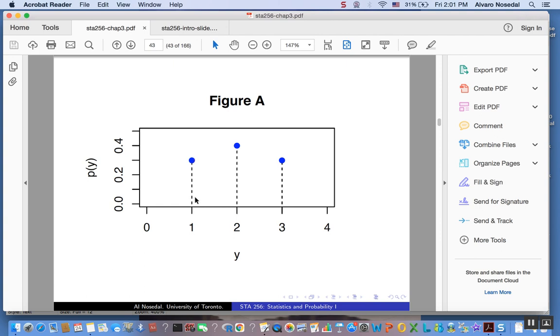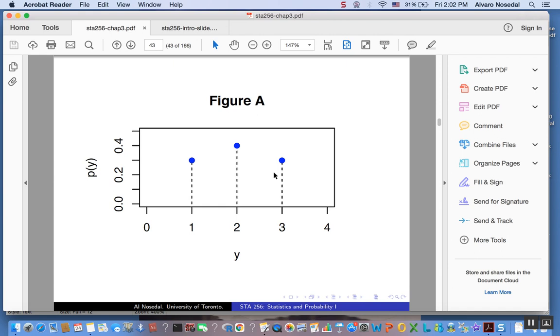So anyway, some people refer to these graphical representations or the tables that we presented for the probability distribution of a discrete random variable as probability mass functions. Okay, just in case you hear that term, it's just fancy jargon for the probability distribution of a discrete random variable, probability mass function. Okay, anyway, let's keep going.